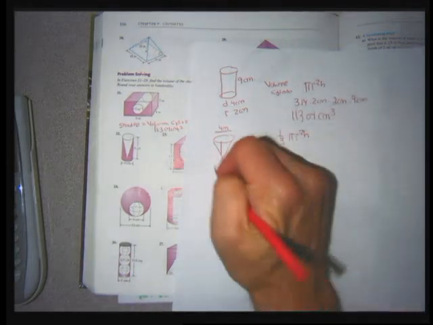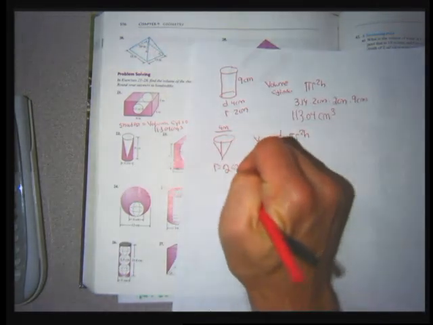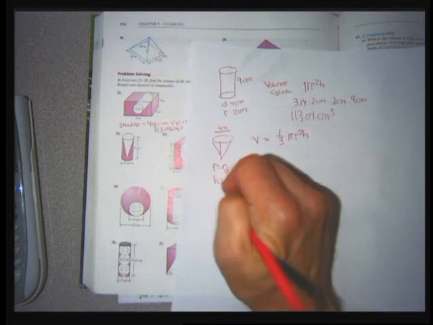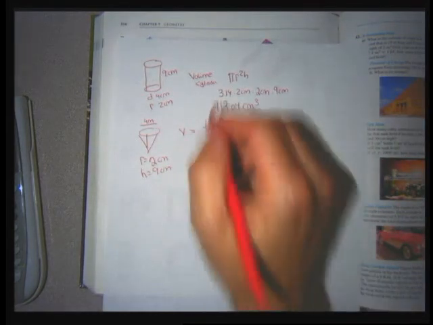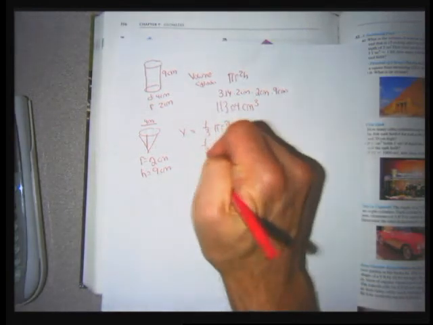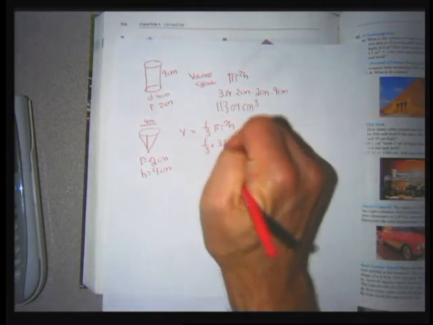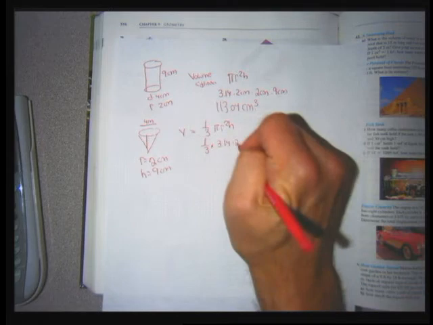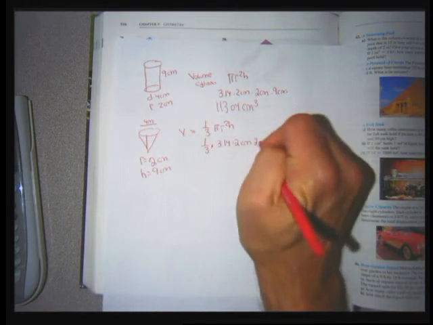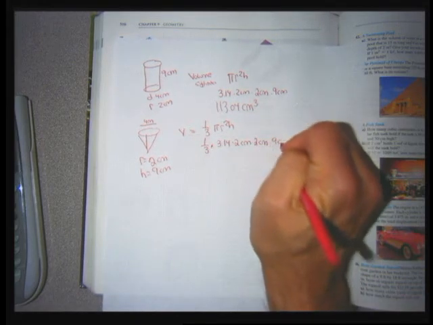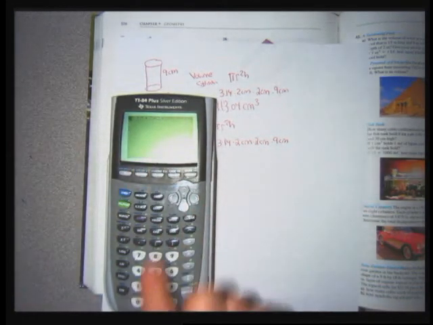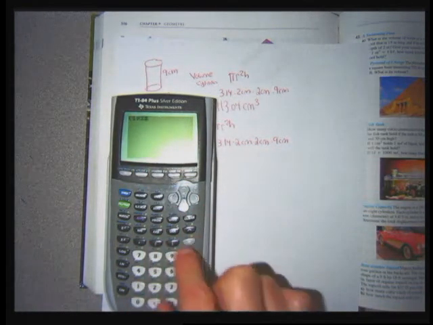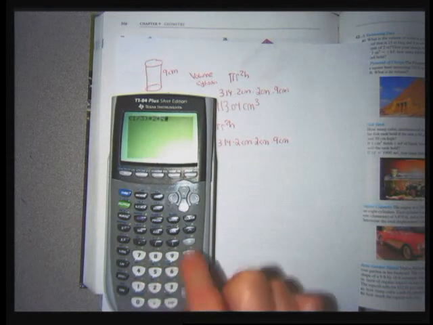So the radius is halfway across the circle, which is 2 centimeters. The height is going to be the 9 centimeters. So the volume for the cone is going to be 1/3 times 3.14. For r squared, I'm going to write 2 centimeters times 2 centimeters, and then times 9 centimeters for the height. So parentheses, 1 divided by 3, parentheses, times 2 times 2 times 9.